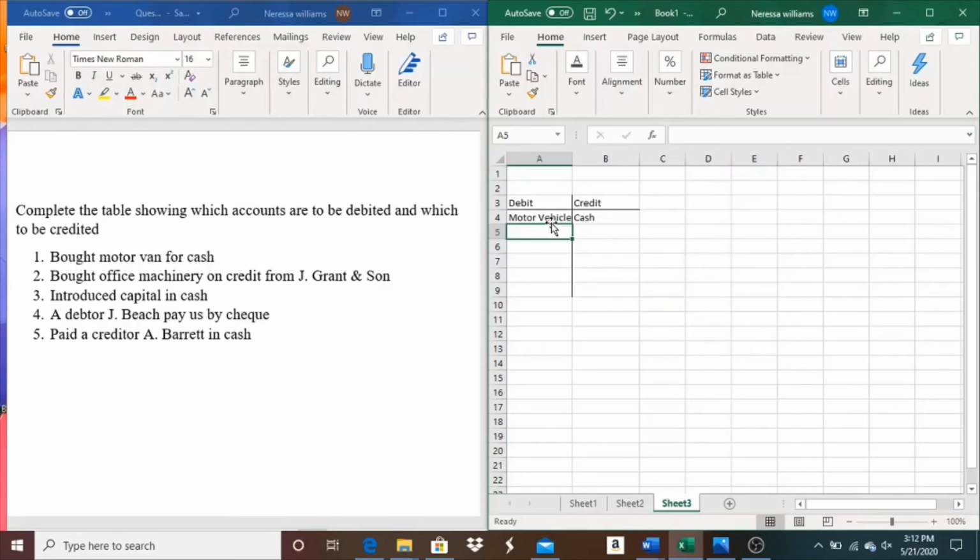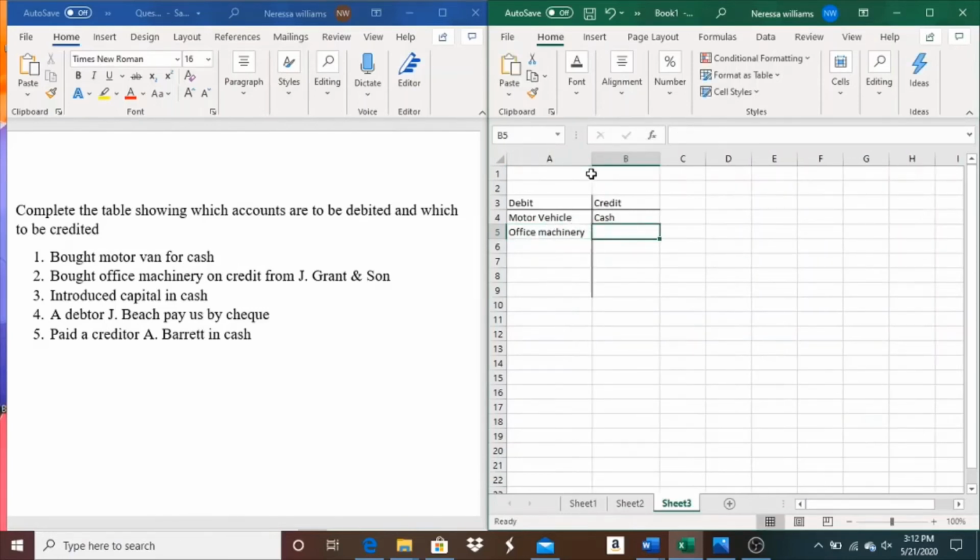Office machinery is debit. J. Grant and Son, who is J. Grant and Son? As in, yes, it's an organization or a person. But what would you call them? They are the creditors. They are the people that we owe. So J. Grant and Son is a creditor.